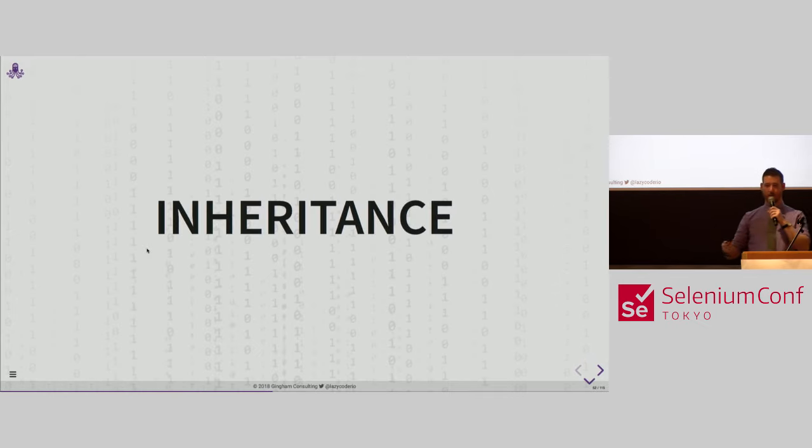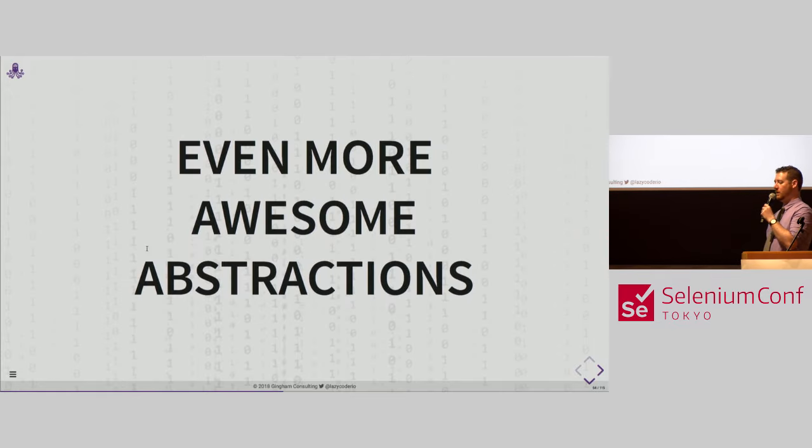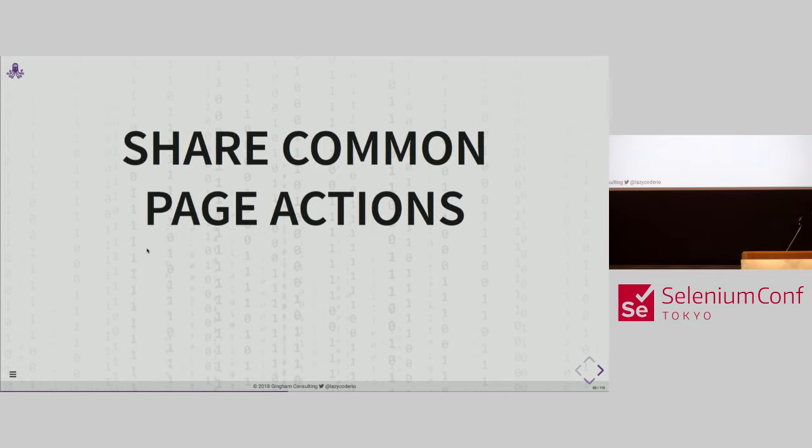So, next up is inheritance. This is the abstraction I was talking about from a class level, which is just more abstraction and more awesome abstractions, because abstractions is amazing. So some of the things we can abstract out are common page actions.